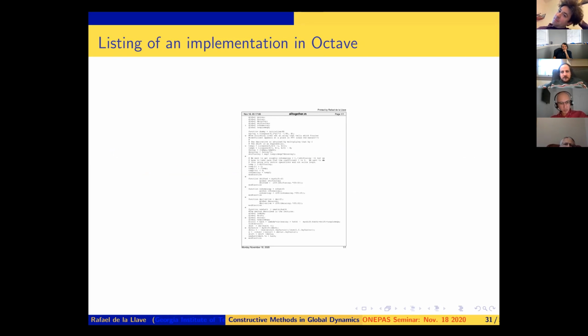I put it all together, and this is an implementation in Octave. There is bookkeeping and things to do, installing things, etc. But once you do it, it's basically 60 lines. I took away a few comments.